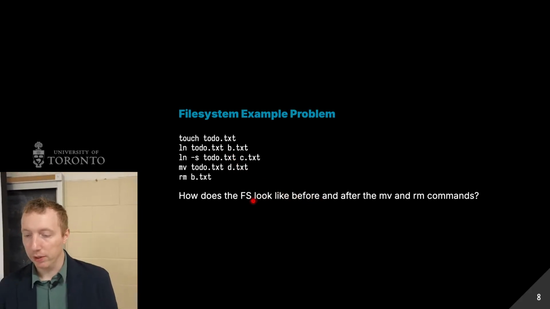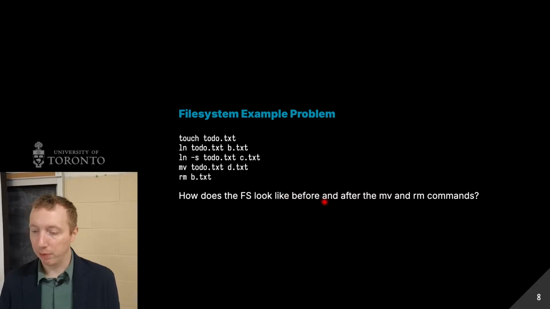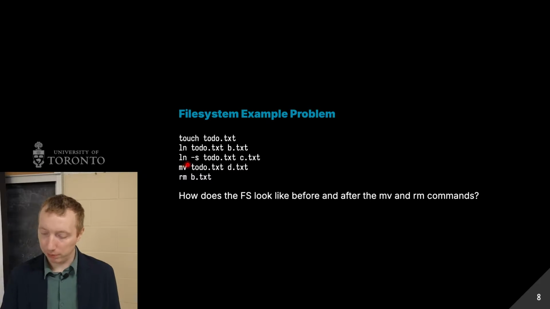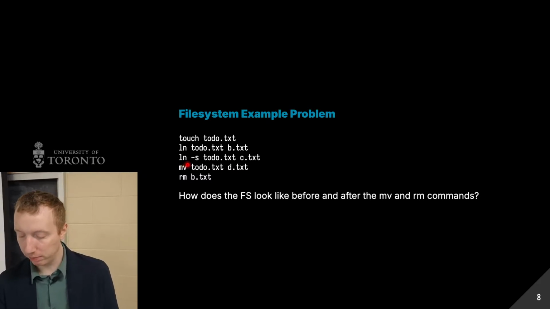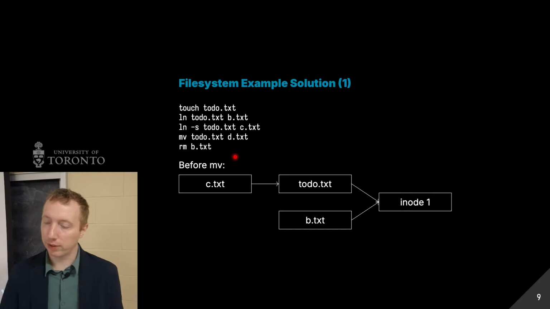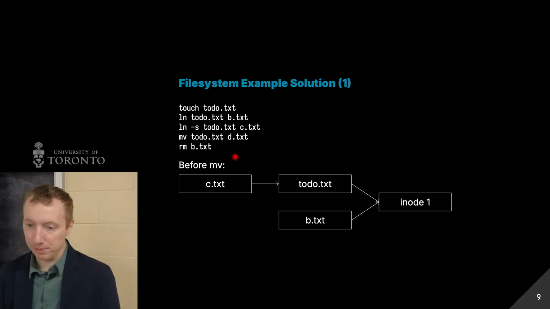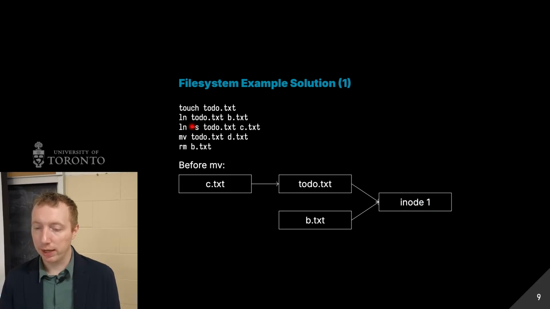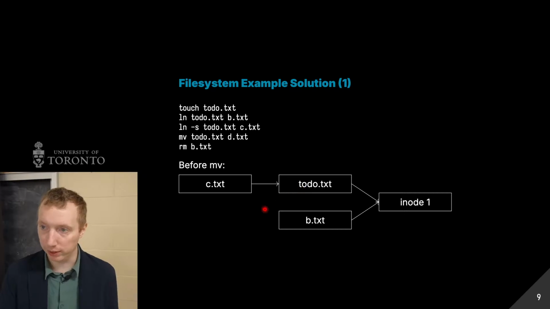So the question is, what does it look like before and after the move and rm commands? Before the move command, it should look something like this, right? I have inode 1, which was created when I created todo.txt, another hard link called b.txt that points to that same inode, and a soft link called c.txt that points to todo.txt.